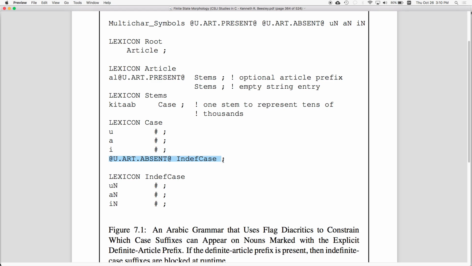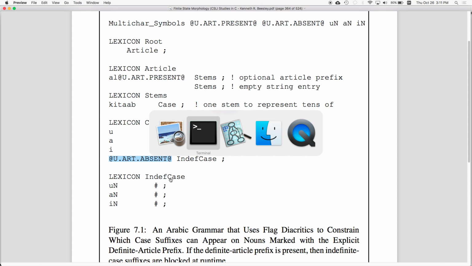And then they added a different continuation class. This makes things a little neater in the writing. We could just put art absent directly on all of the indefinite articles here, or we could make this a separate continuation class. Either is equally valid.